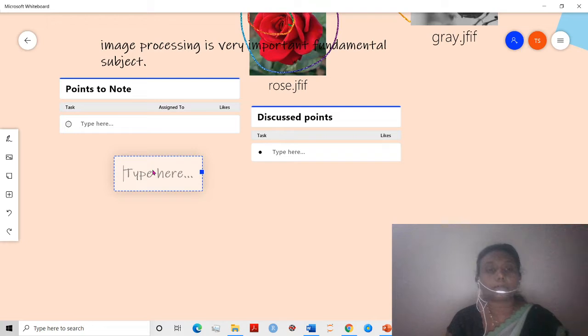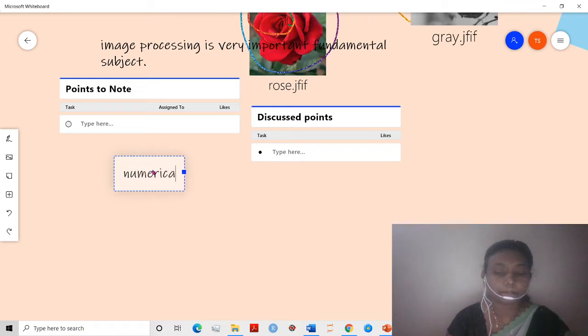What mathematics do we need? The basics for this image processing subject are numerical array processing.